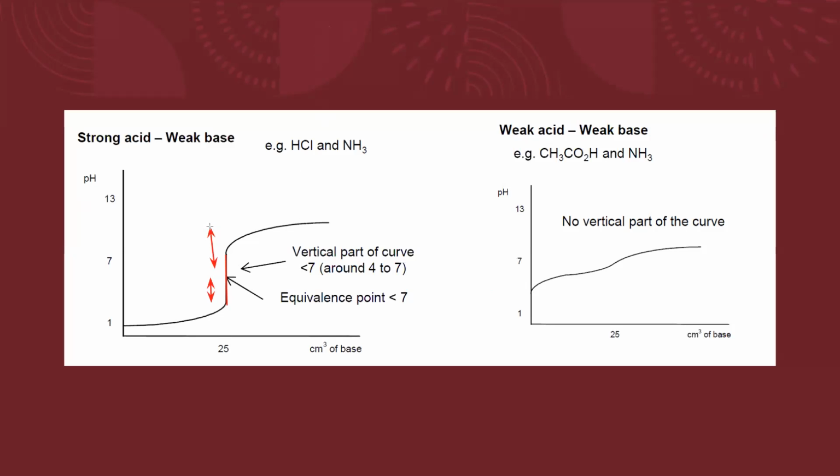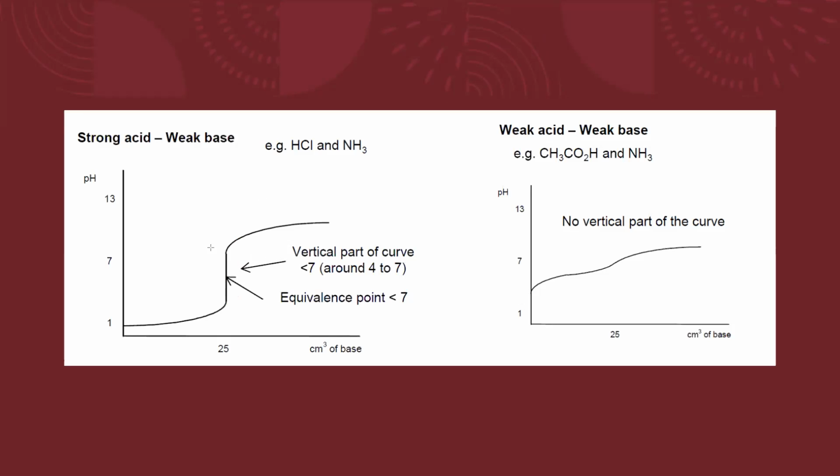It is also acceptable if one part is inside and one is outside. But the best one is which has a pH range within the vertical part. If one part is out and one is in, that is also acceptable. It is accepted in the exam as well.